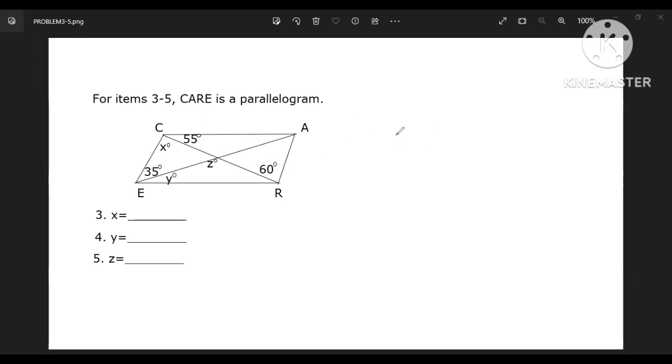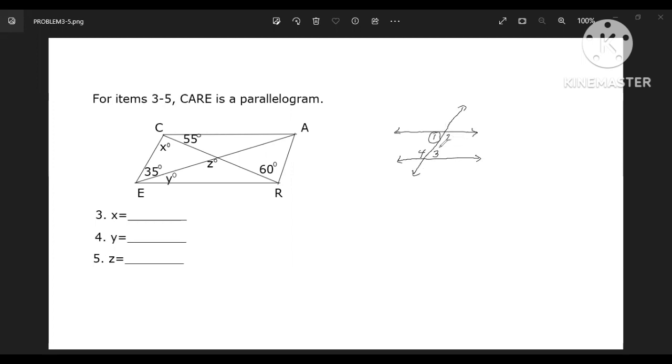Well, we need to apply the concept of parallel lines cut by a transversal, no? So do you still recall this? If two parallel lines are cut by a transversal, then alternate interior angles are congruent, di ba? Now, sino ba ang alternate interior angles dito?